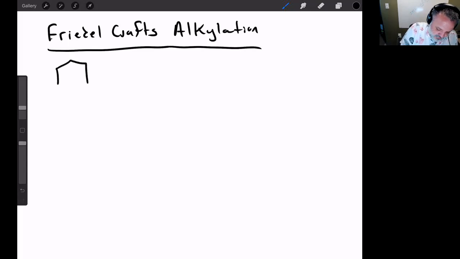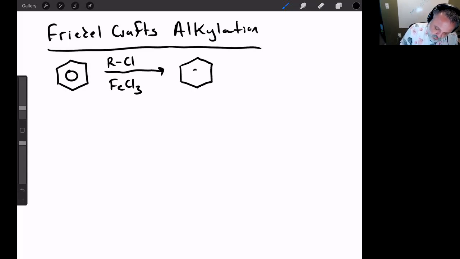In alkylation, we're taking a benzene ring, reacting it with an alkyl halide, in its basic sense with iron trichloride, and we're installing the alkyl group on the benzene ring.